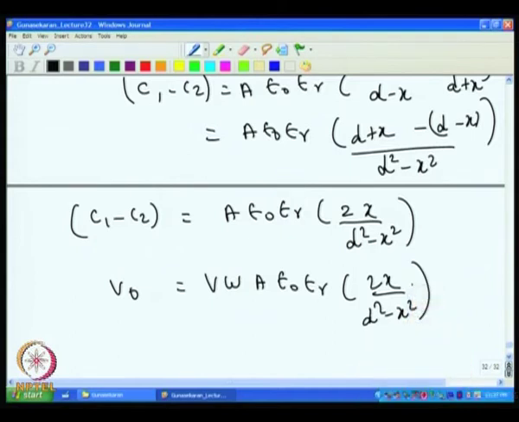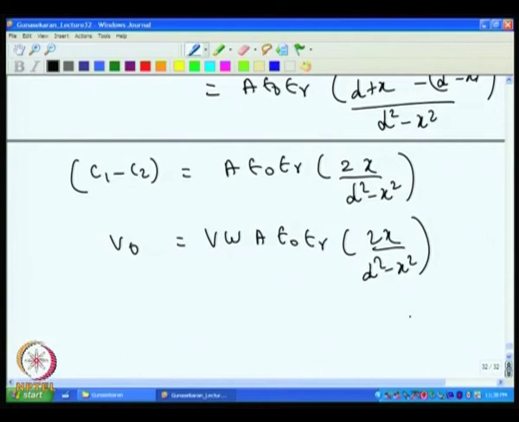Even though it is linear with x, only for smaller distance, when x is small, will it be linear. For x much smaller than d, V naught is proportional to x.